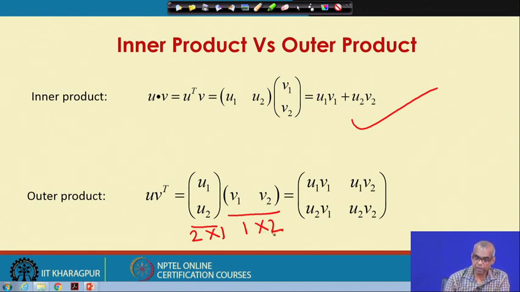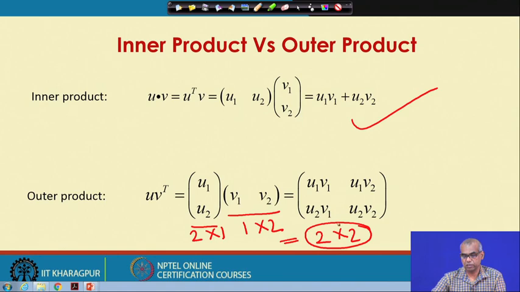So, the matrix multiplication is defined and the product is going to be a 2 by 2 matrix. So, this is what you get: u1 v1, u1 v2 are the elements of the first row, u2 v1, u2 v2 are the elements of the second row.